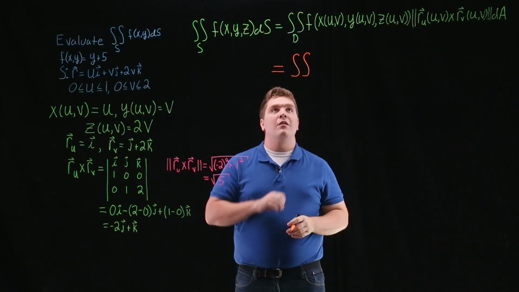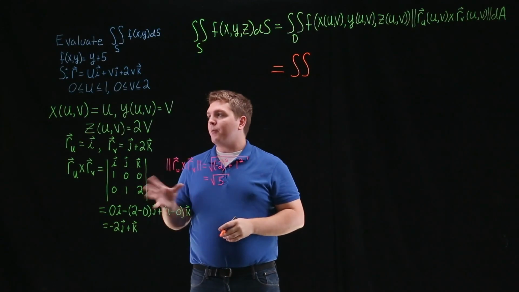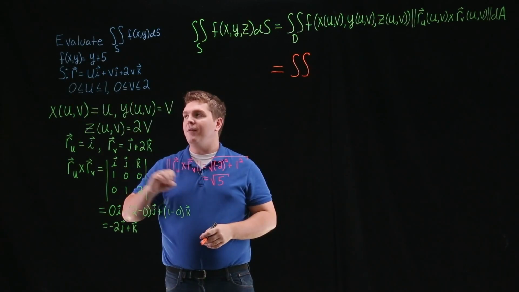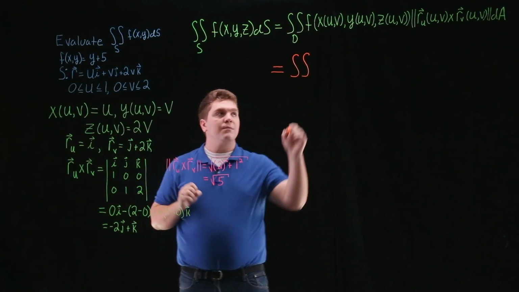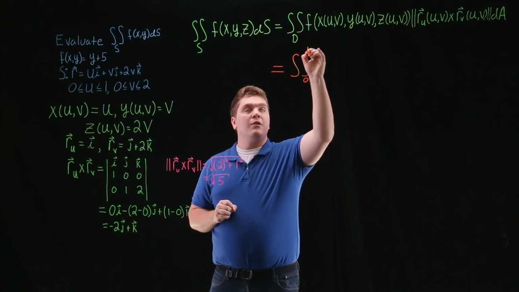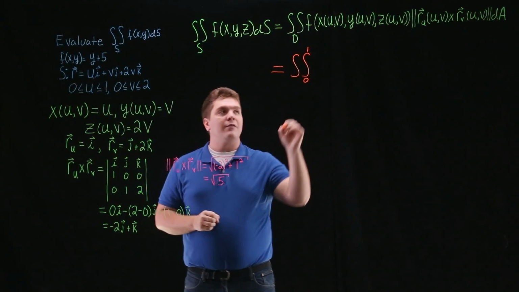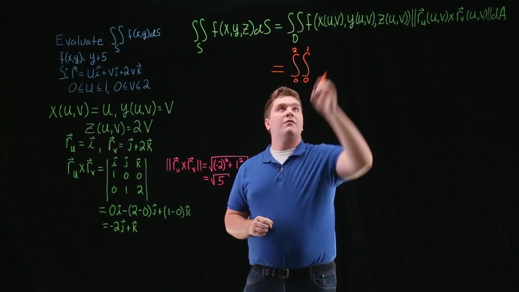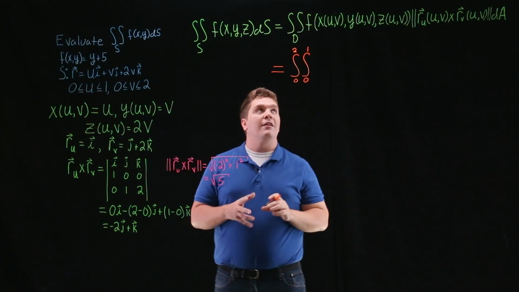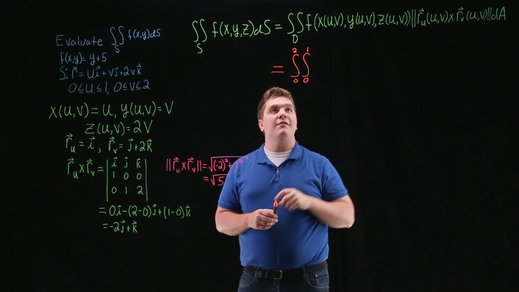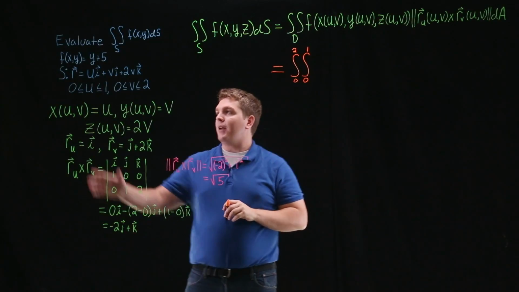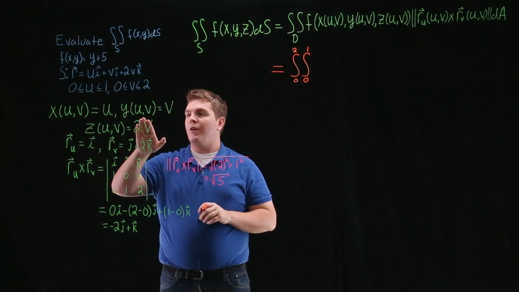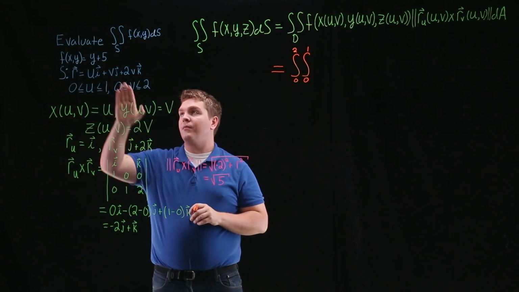So we're going to have our double integral, and the region we're integrating over is given by u and v. Let's integrate with respect to u first. So u is going to vary from 0 to 1, and v is going to vary from 0 to 2. For the function we're integrating, f of x of uv, y of uv, and z of uv, we look at how our function was defined and replace y with y of uv, which in this case is just v.